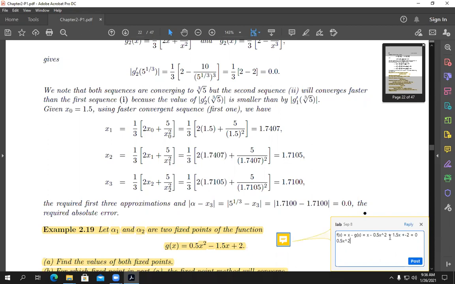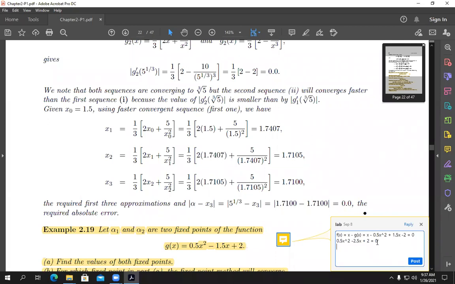So what is this one? x plus 1.5x, minus half, 2.5x. When you take minus to the other side, plus, yes. So this is equal to 0.